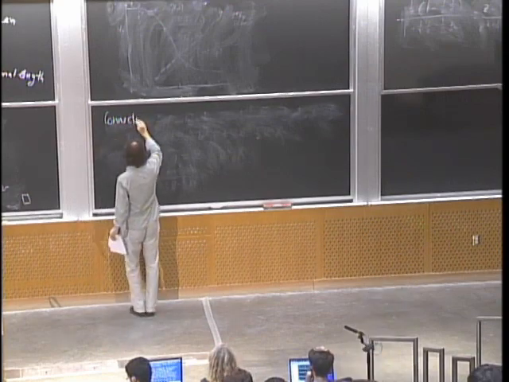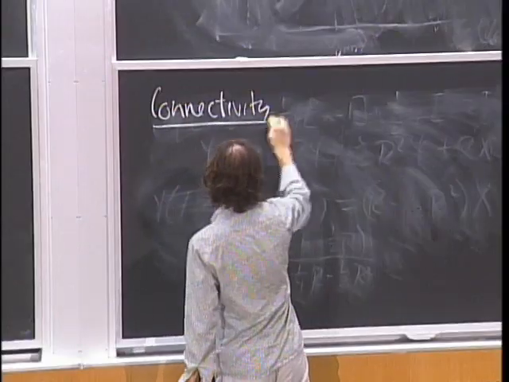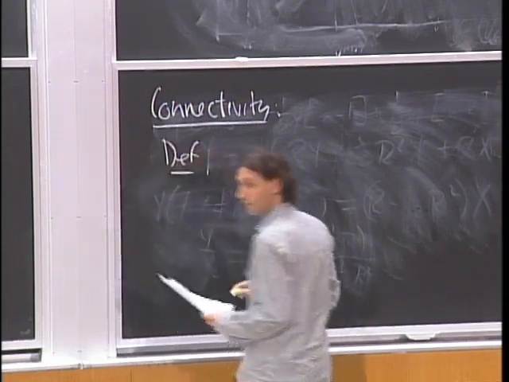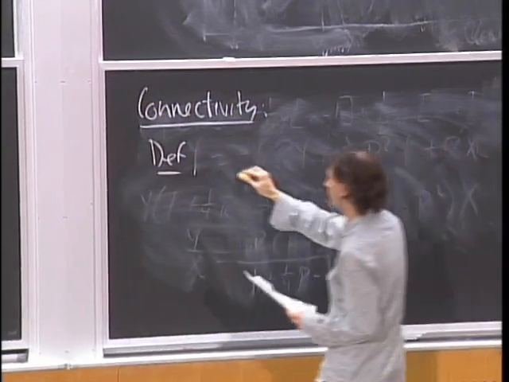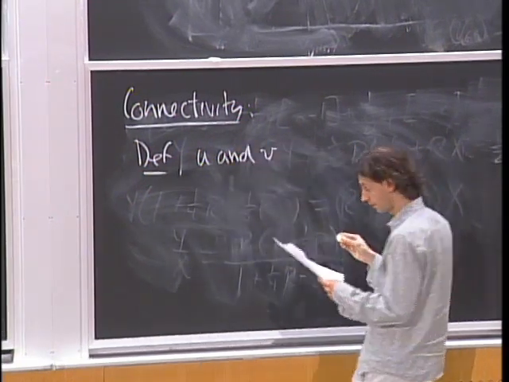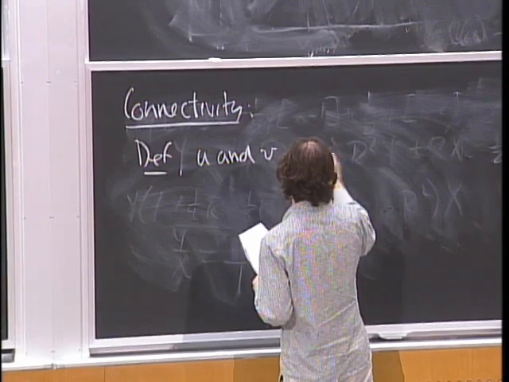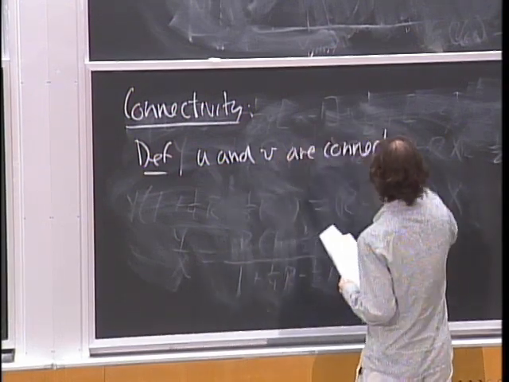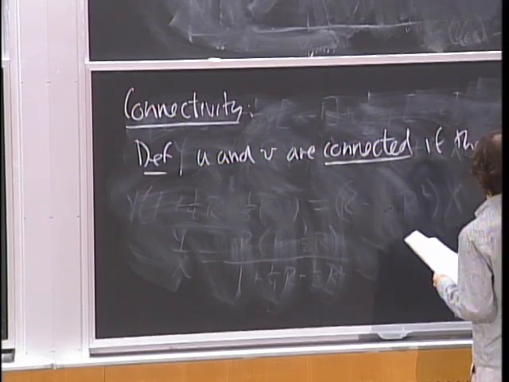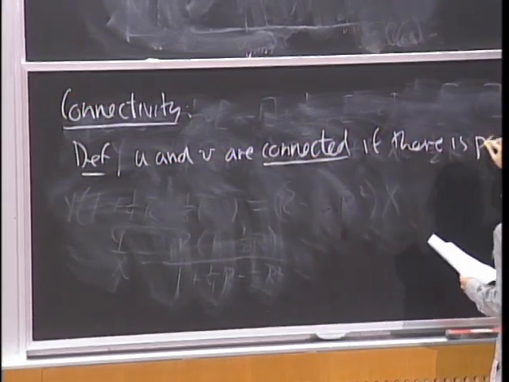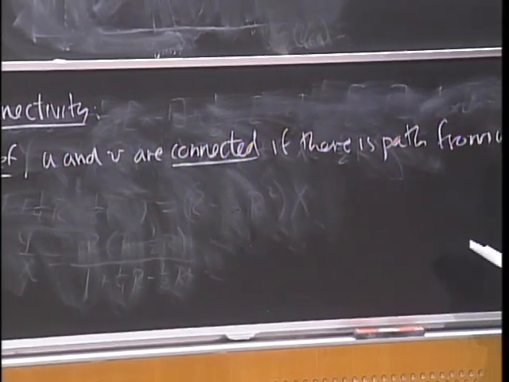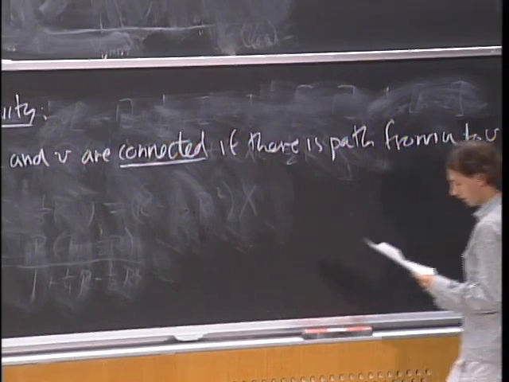We define two vertices u and v to be connected if there is a path from u to v.